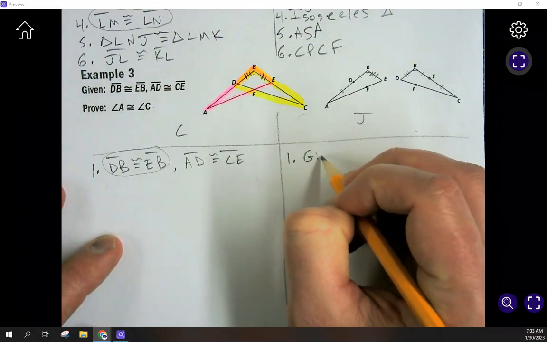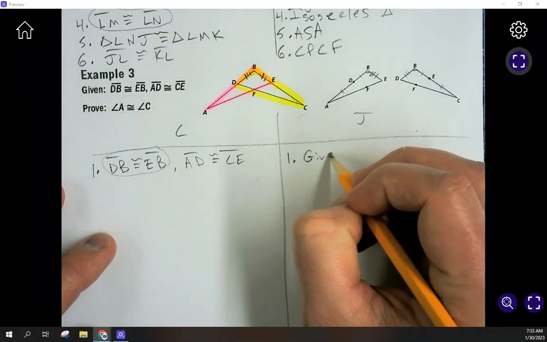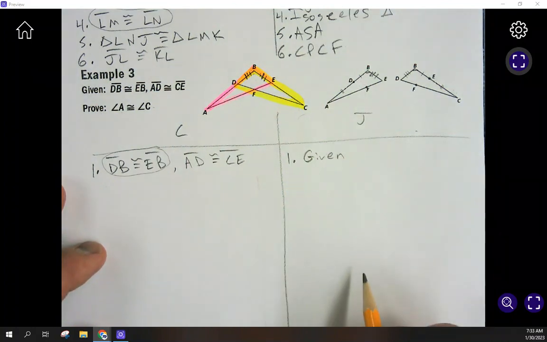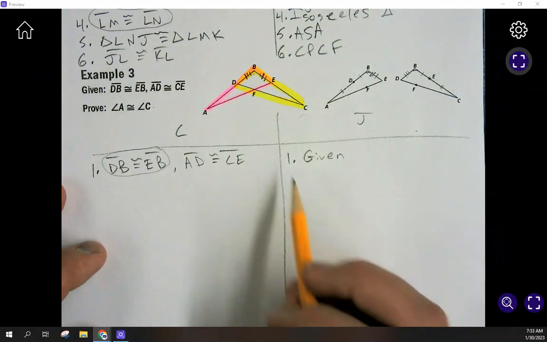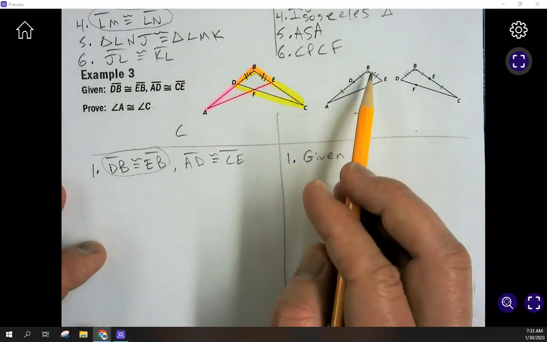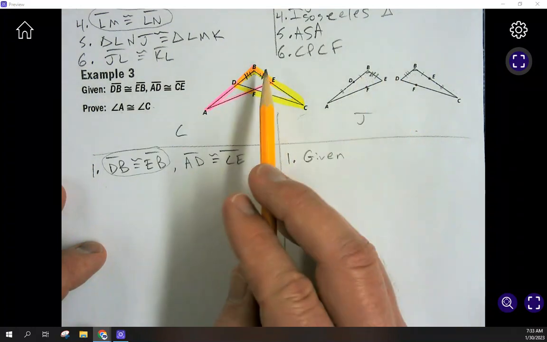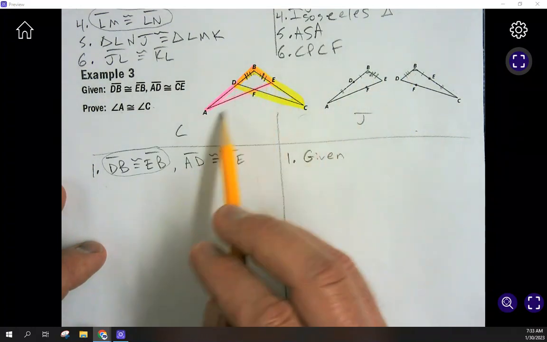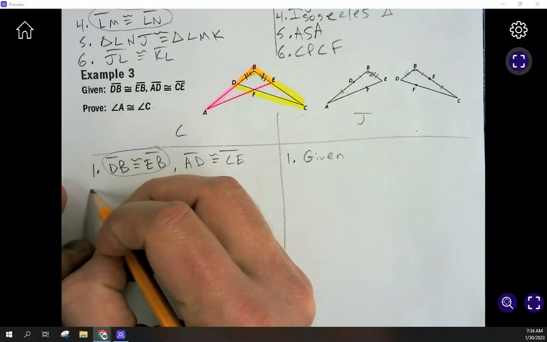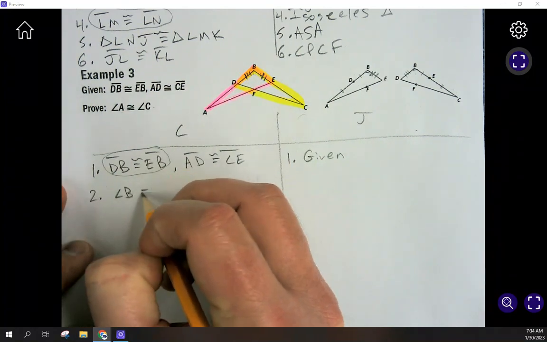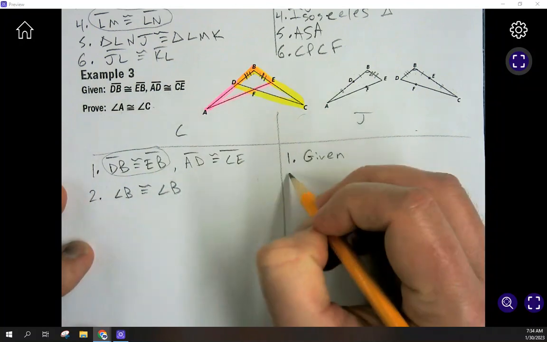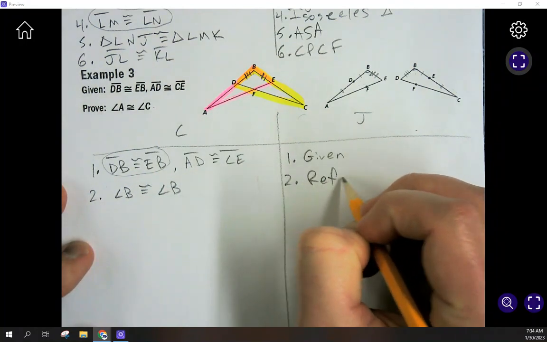So I can't use that as part of an SAS or anything like that. But I'm going to use that to help me get the rest of the way there. Let's go ahead and use the reflexive, get that out of the way. So we know that this angle B at the top is part of both the pink and the yellow triangle. So I can say angle B is congruent to angle B by the reflexive property.